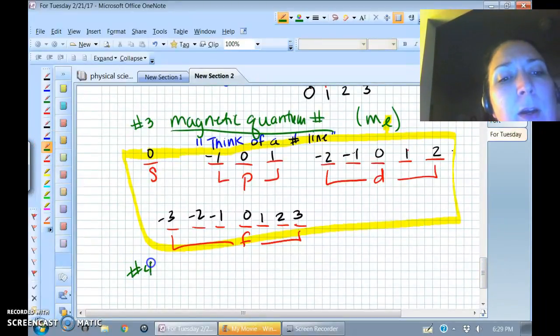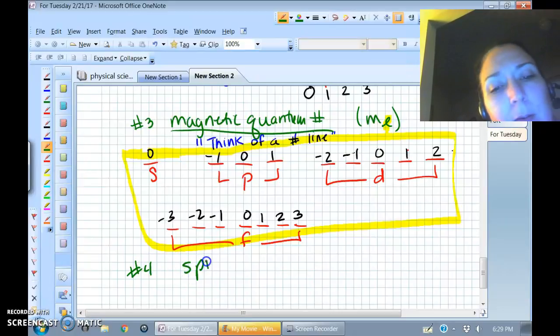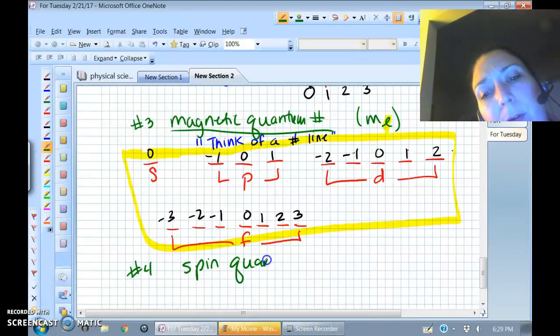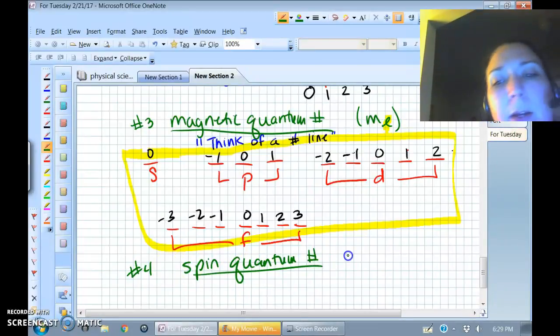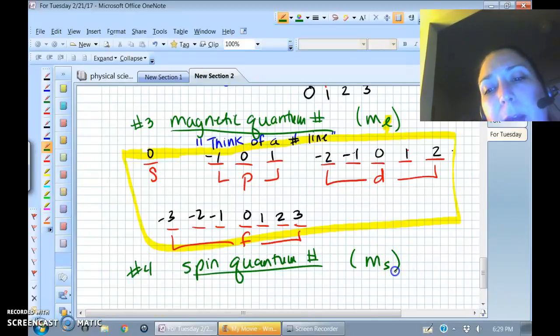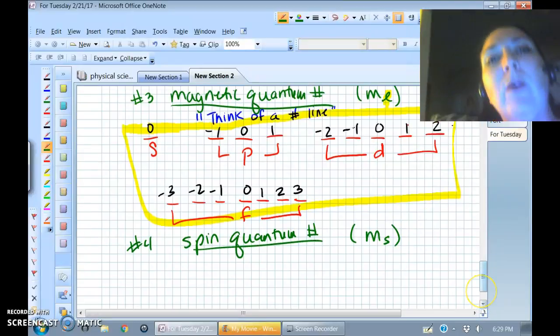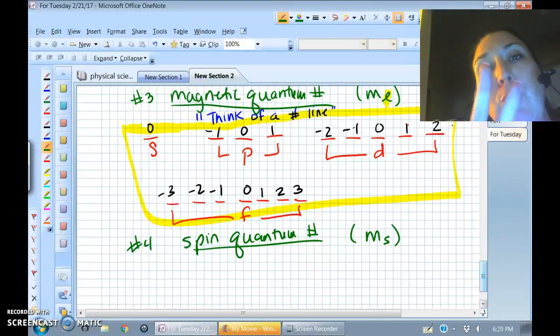Alright, number 4 is going to be the spin quantum number. It is also a lowercase m. In this case, it's a subscript s for spin. Now, every orbital may hold a maximum of 2 electrons. We've been talking about that. 2 electrons.